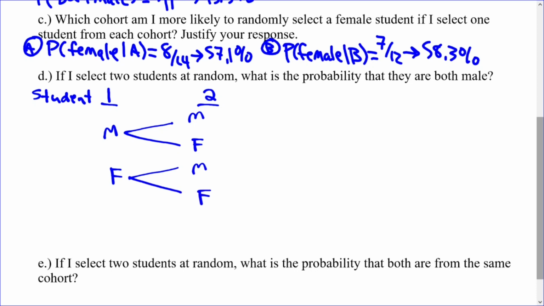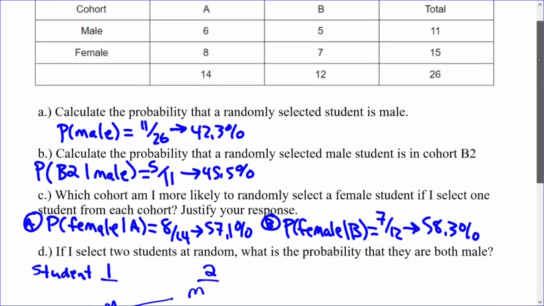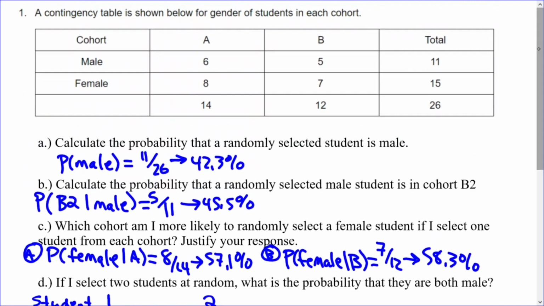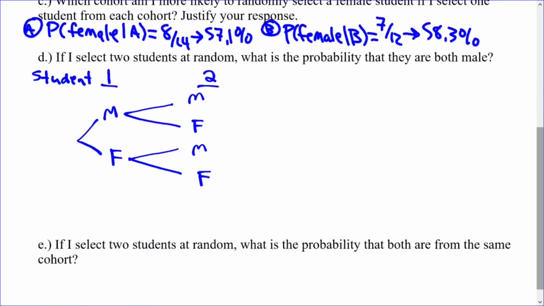Now let's take a look at the contingency table and figure out what the probabilities are for each case. For being male, there are a total of 26 students and 11 are male. So the probability of being male is 11 out of 26. And conversely, for being female, there are 15 students left, so 15 out of 26.